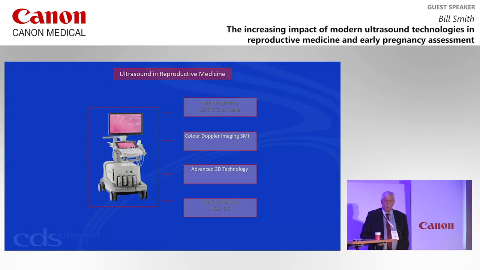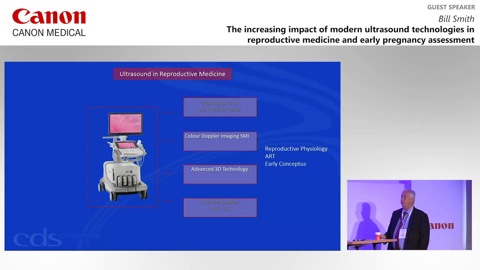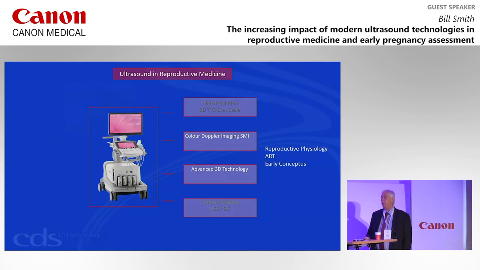So those Doppler images then take us on to color Doppler and SMI in particular, superb microvascular imaging. I'll combine it with 3D to save time, so you can see how they both work for us in this field of ultrasound. And these are the areas that I'll cover.